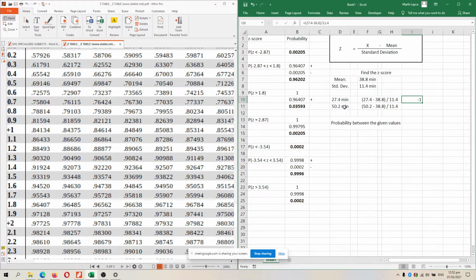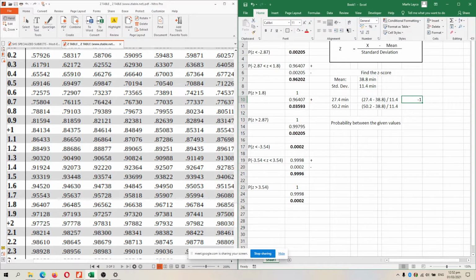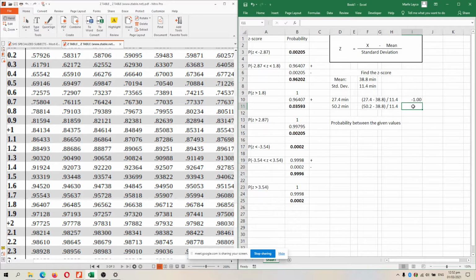So, ang z-score natin is, kunin natin yung exact, negative 1.0. Dito naman is 50.2 minus 38.8 divided by 11.4.